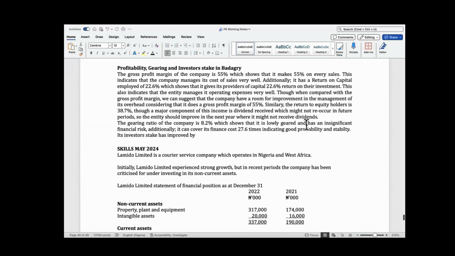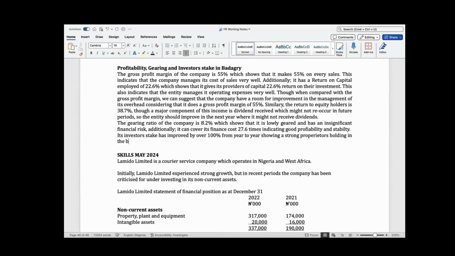By over 100% from year to year, showing a strong proprietors' holding in the business.